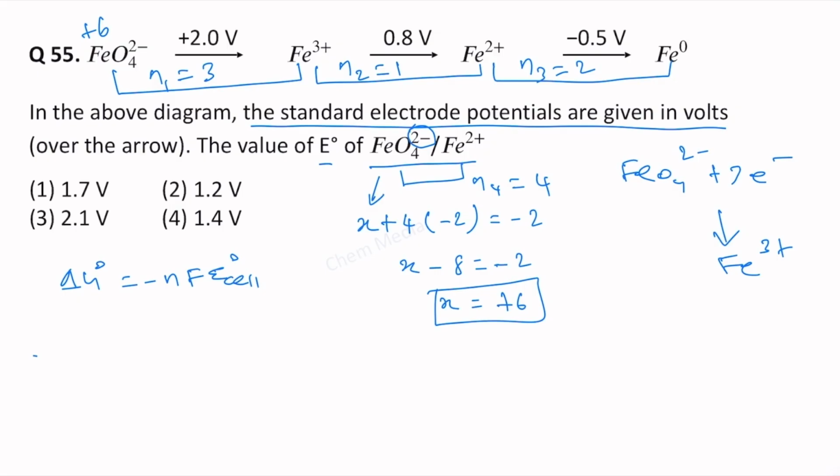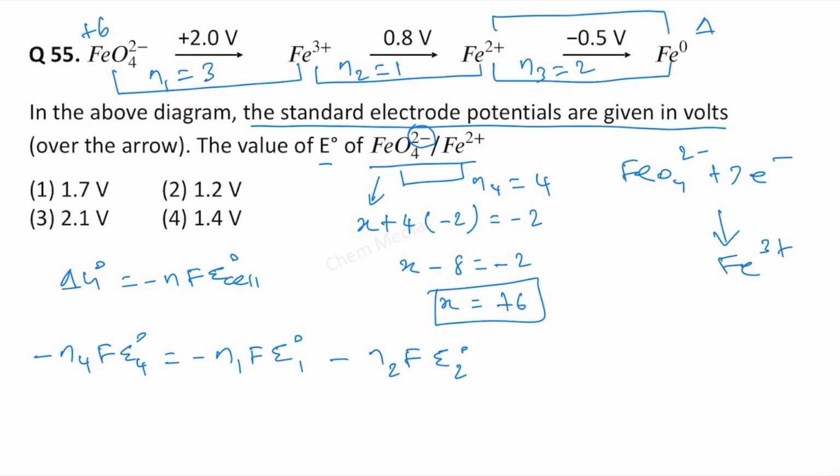So therefore we can write it this way: minus n4 F E4 cell that we need to calculate is equal to minus n1 F E1 cell minus n2 F E2 cell. By the way, we don't need to involve delta G3 standard here, because the question is asking +6 to +2 oxidation state, what is the E cell value? Therefore we don't need to involve this process.